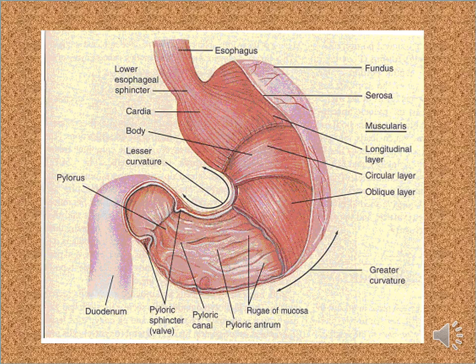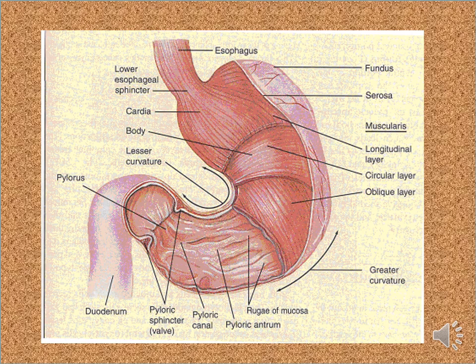The layers of the stomach, from inside, are the mucous membrane that has rugae of mucosa, and the muscular layer, smooth muscle that is oblique, circular, and longitudinal, and it is covered by a serous membrane, the peritoneum.